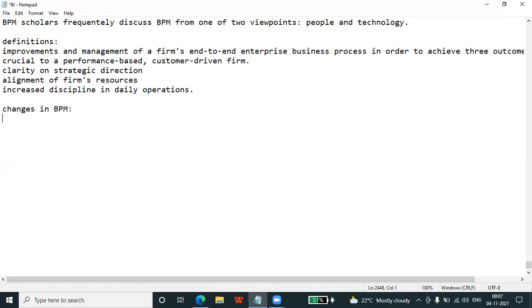Recent variations such as human interaction management are concerned with interaction between human workers performing a job.